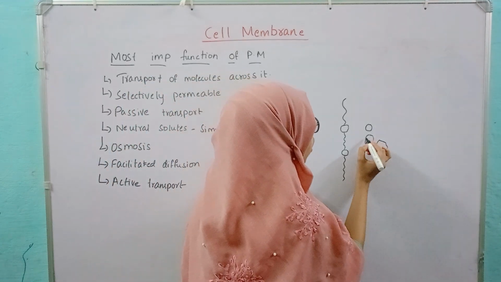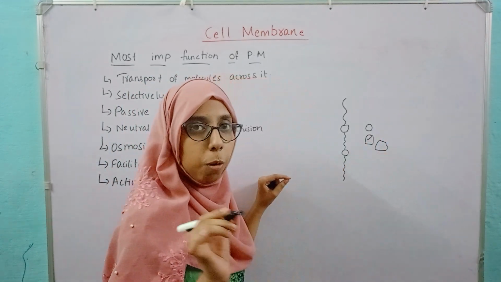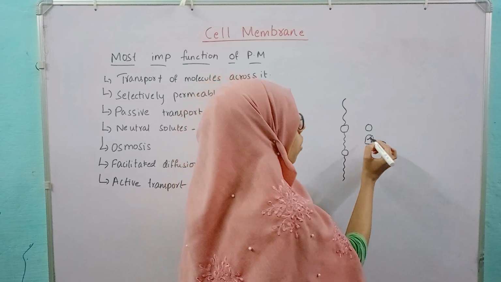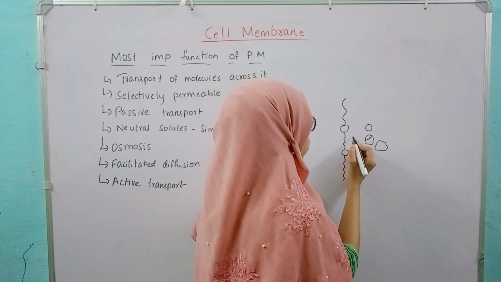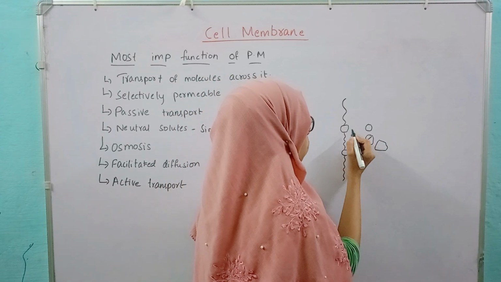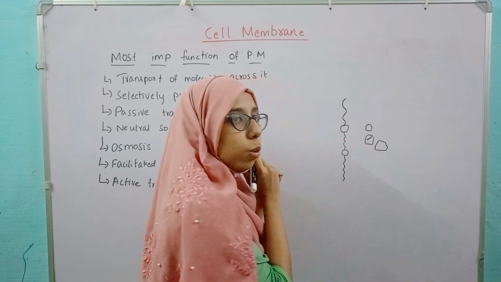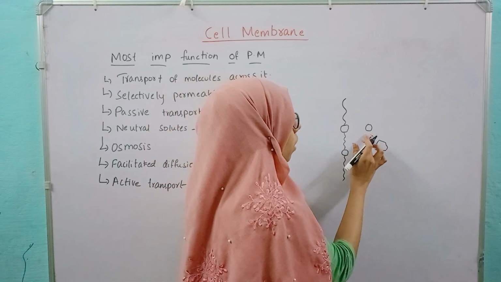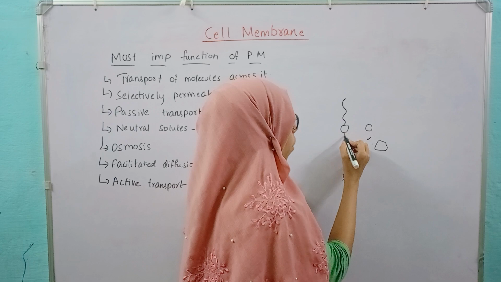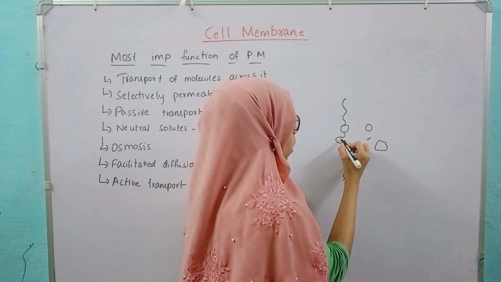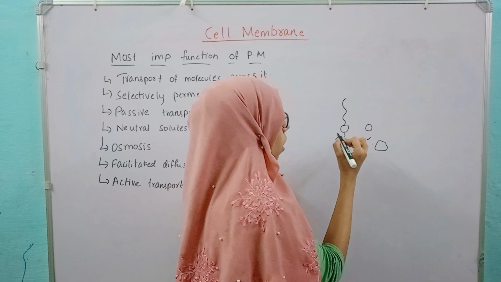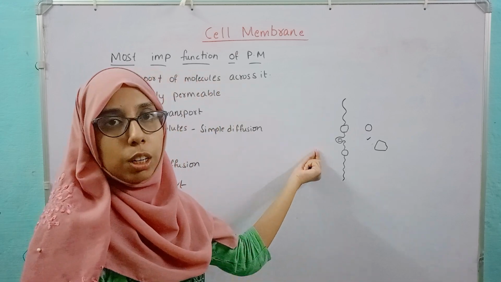For example, this molecule is needed by the cell and is a good molecule. So the plasma membrane will select it, and for this molecule, the pore size is smaller and it cannot enter through the pore. But the plasma membrane takes this molecule in by forming an infolding, or through the process of endocytosis.